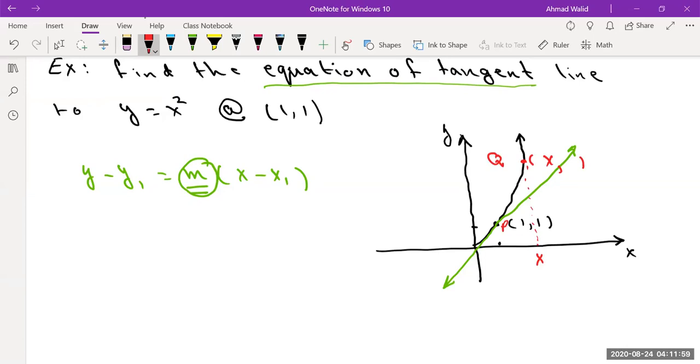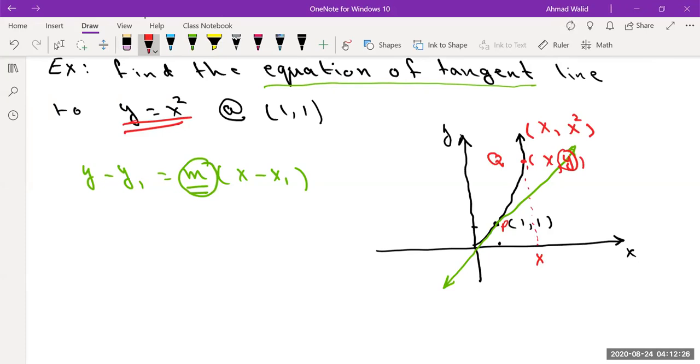Your y is x squared. Let me write first, (x, y). But how much is y? Y equals x squared. It means your point is (x, x squared), or (x, f of x), which is x squared, right? Now look, I have 2 points.